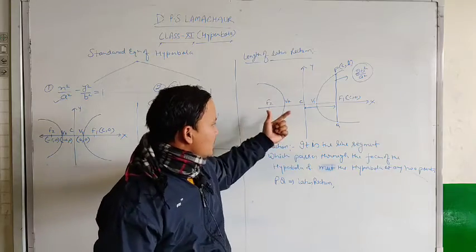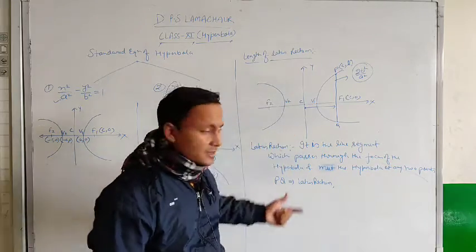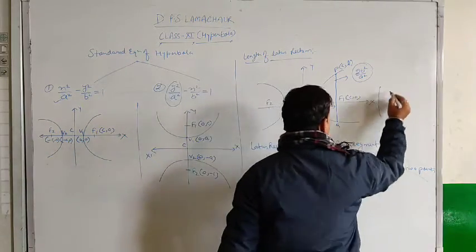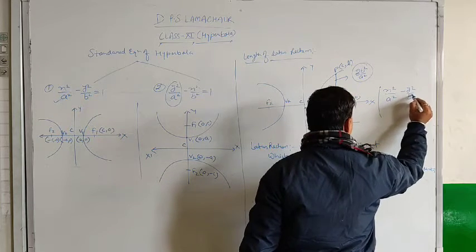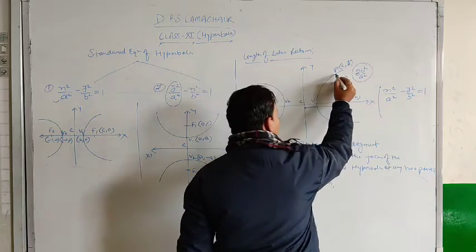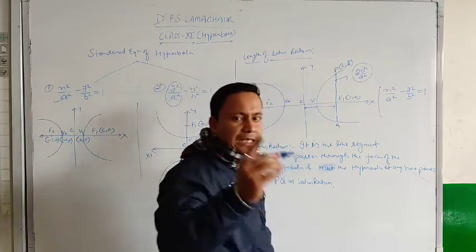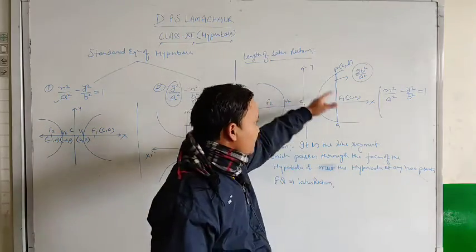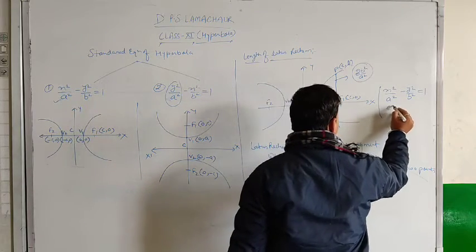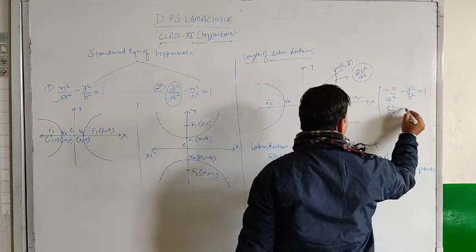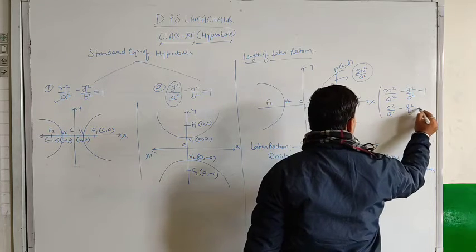Since this is a hyperbola symmetric about the x axis, the equation will be x square upon a square minus y square upon b square equal to 1. Since P lies on the surface of the hyperbola, it satisfies the equation. So substitute the value here: c square upon a square minus l square upon b square is equal to 1.